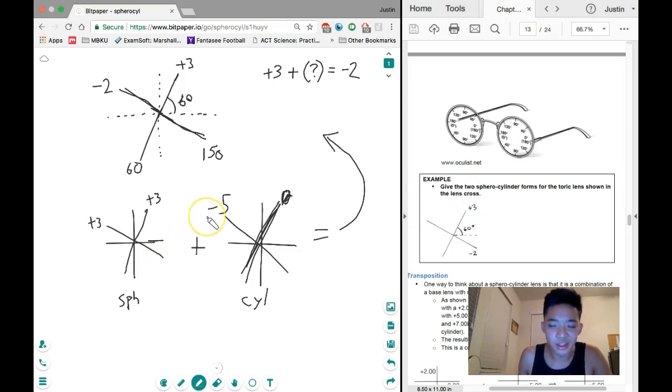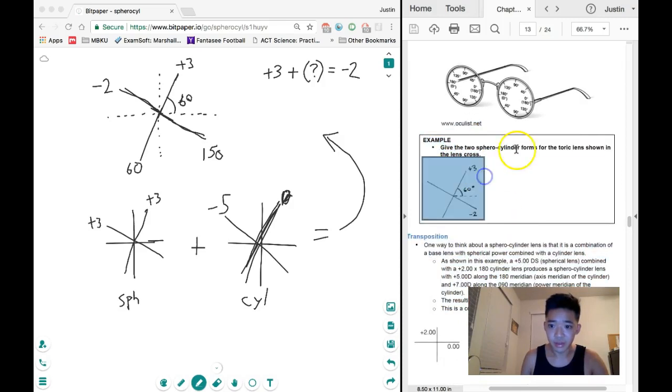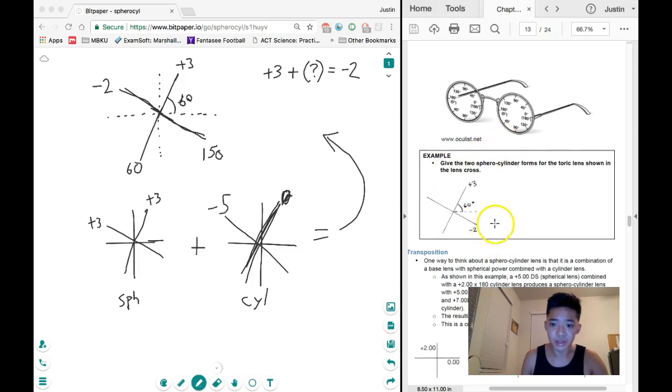But this is still really good practice because you're breaking apart a toric lens into its sphere and cylinder components, and you can do that two ways. So I showed you the first way. Sorry, I misinterpreted it. This question belongs in the transposition. The two spherocylinder forms is going to be the plus cylinder and minus cylinder form. So we'll get to that later. But this is actually cool because we took a problem and dissected it in different ways.